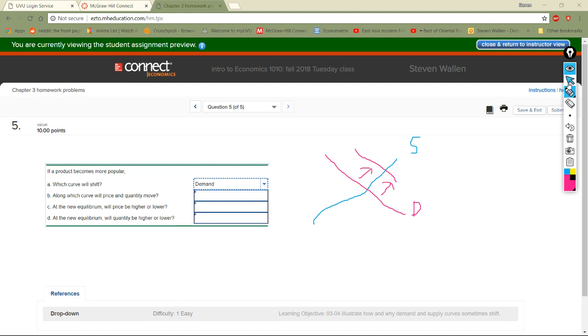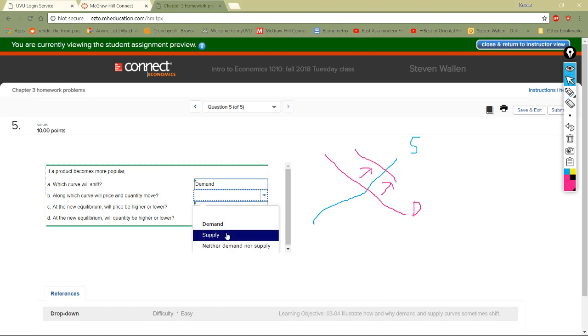Okay, so if you're shifting one curve, then it's moving along the other. Along which curve will price and quantity move? So we see here, our price is moving and our quantity is moving. It's going to be moving along that curve.